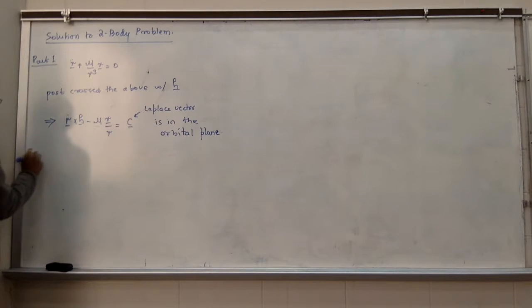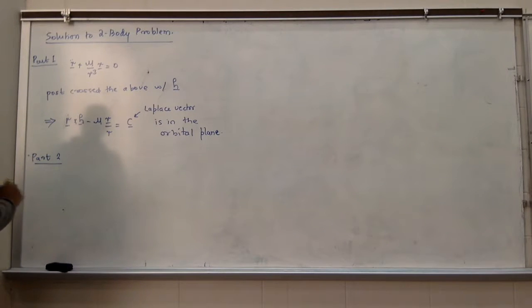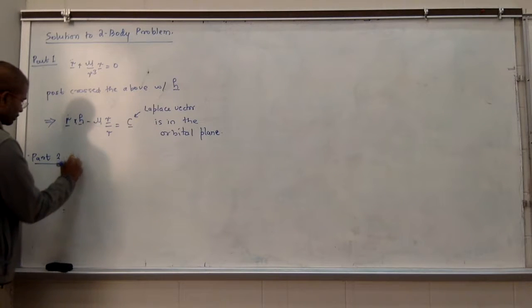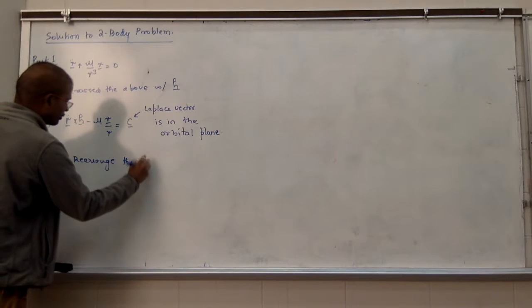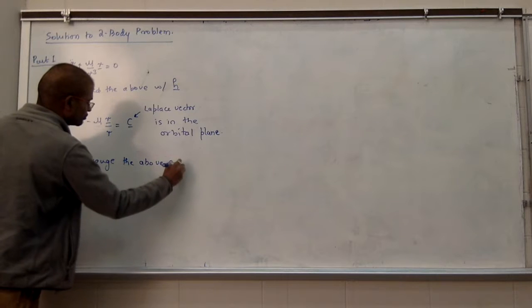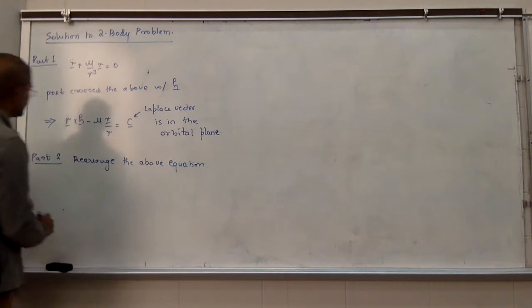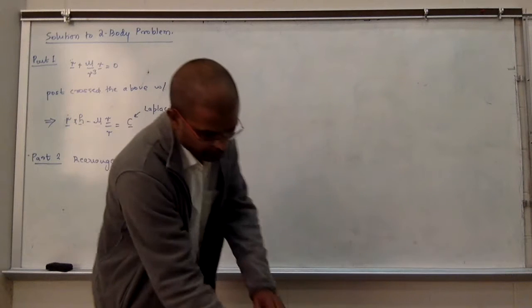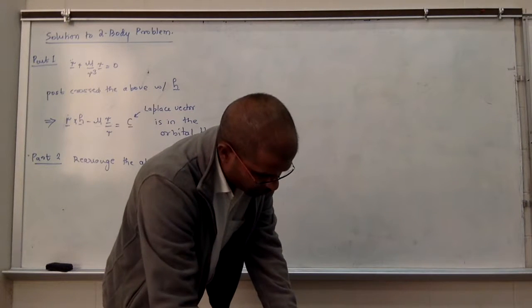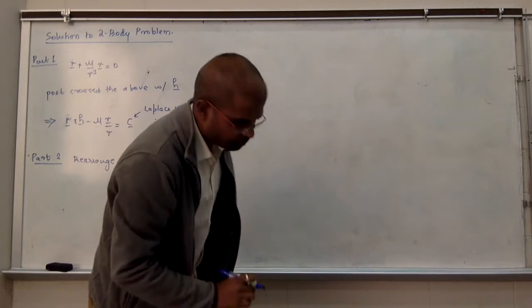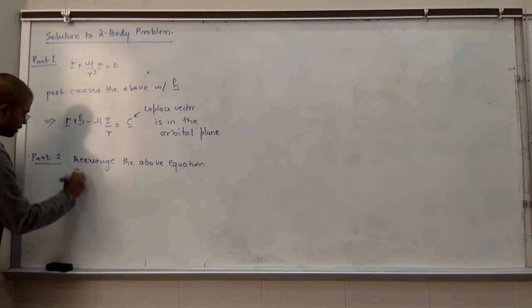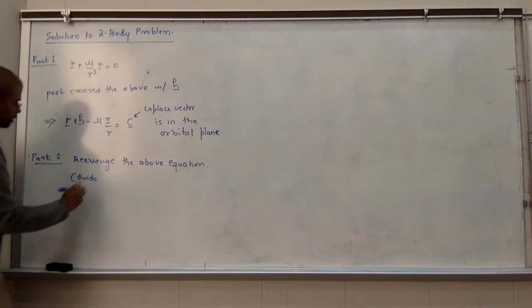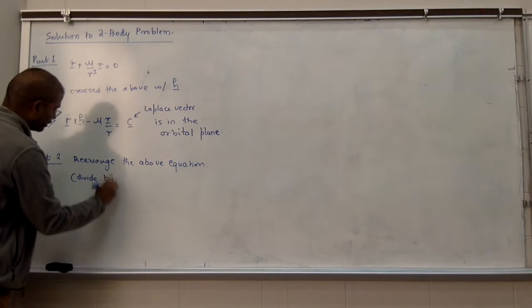Okay. So part B, or part 2, what we're going to do is rearrange some number of equations. And when I say rearrange, what we do is divide by mu.